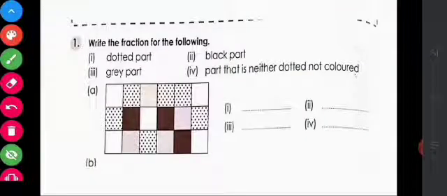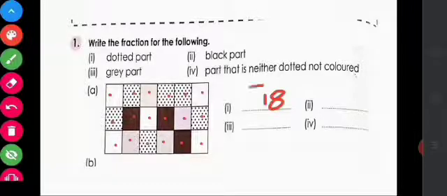Write the fraction of the following. How many equal parts are they divided into in the shape? Count 1, 2, 3, up to 18. 18 equal parts. So write 18 in the denominator. So what is the first one?